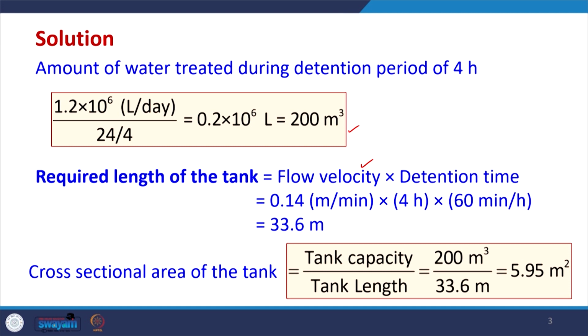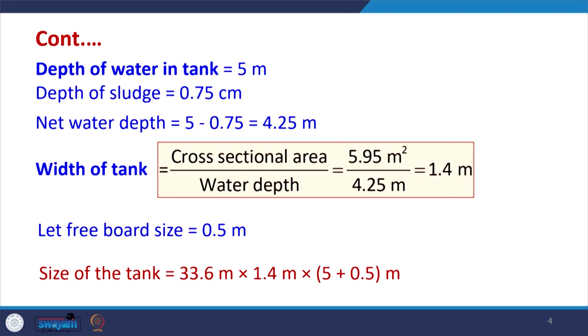The calculations have been done and all the units can be cancelled together, so it is 33.6 meter. The cross sectional area of the tank is now fixed, because we know how much we can treat, 200 meter cube, and the tank length is fixed. So, the cross sectional area of the tank is 4.95 meter square.